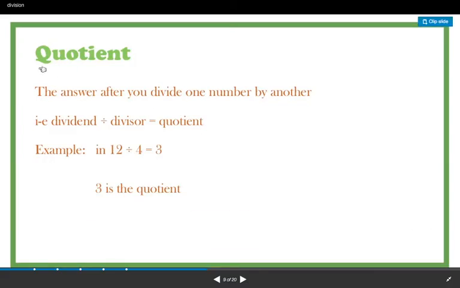The answer in division is called the quotient. So your problem is the dividend divided by divisor equals quotient. So in our example, we have 12 divided by 4 equals 3. 12 is the dividend, 4 is the divisor, and 3 is the quotient.